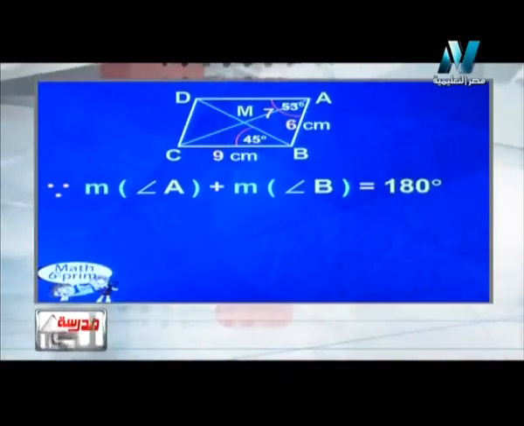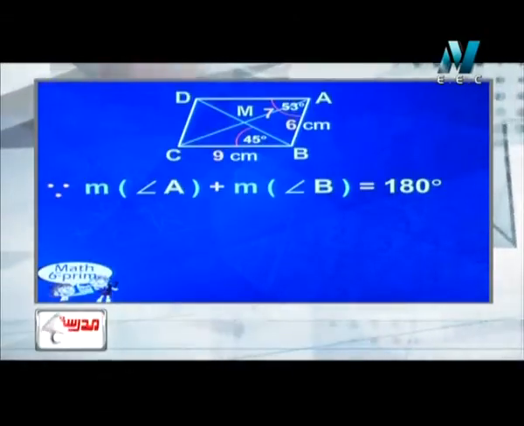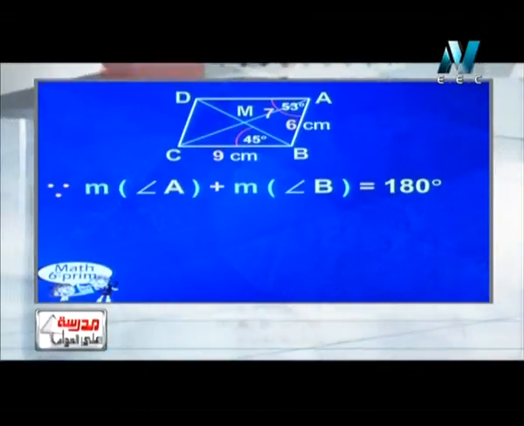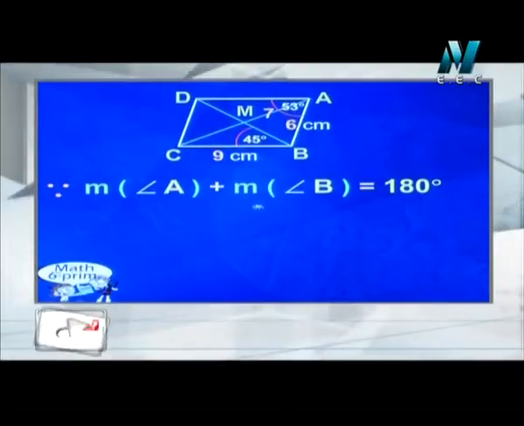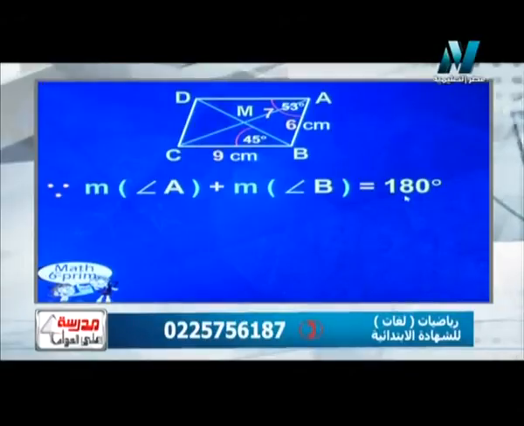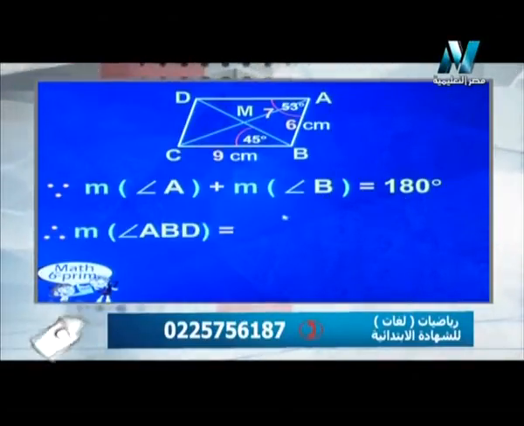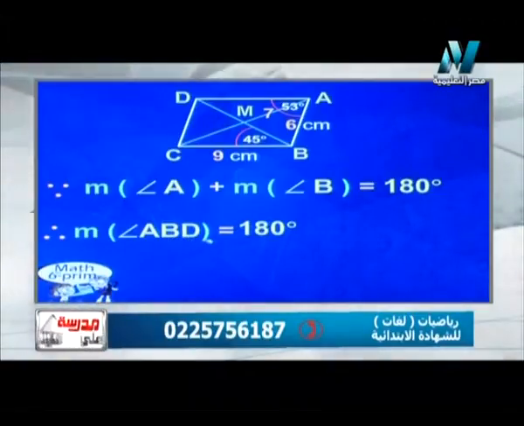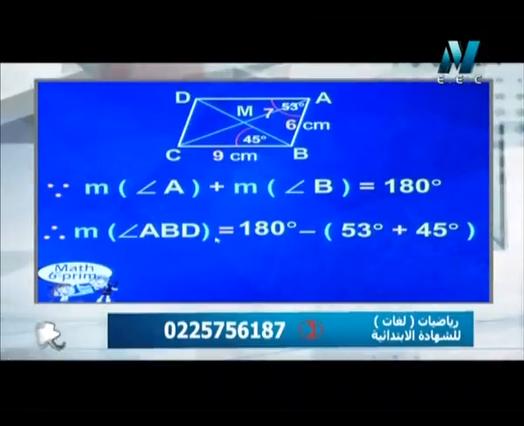As we explained before, a very important point: the sum of any two consecutive angles equals 180 degrees. So the measure of the angle A plus the measure of the angle B equals 180 degrees. The measure of the angle ABD equals 180 minus the sum of the other two angles.